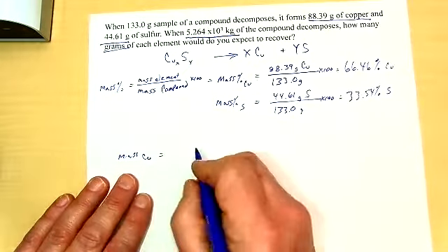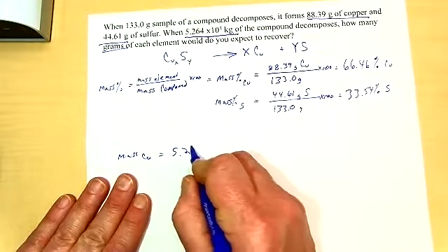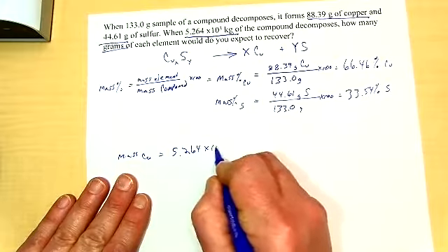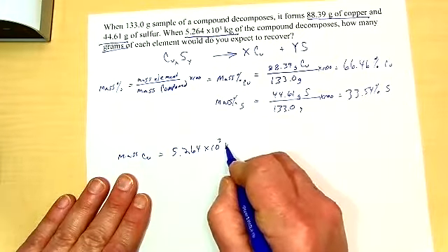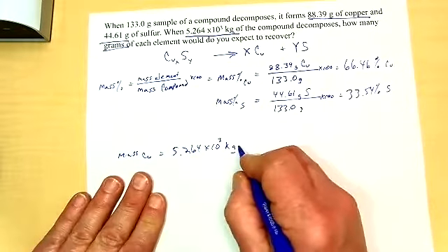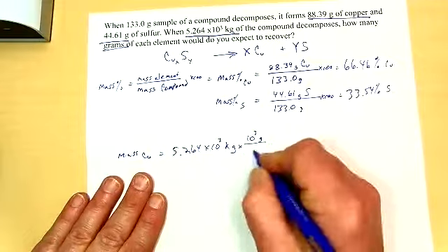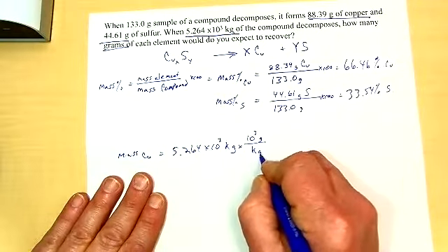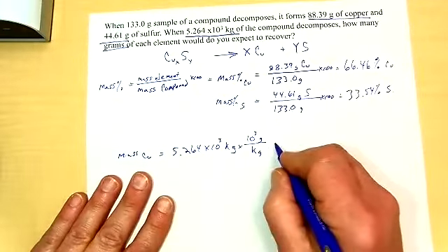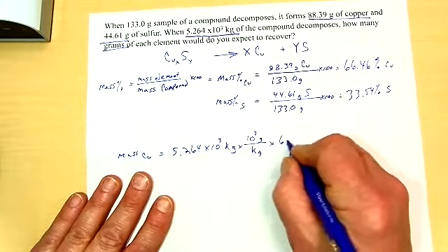This is going to be equal to the mass of the sample, so 5.264 times 10 to the third kilograms. Now let's convert this then to grams. This would be 10 to the third grams for every kilogram, right? And now we just multiply this by 66.46%.